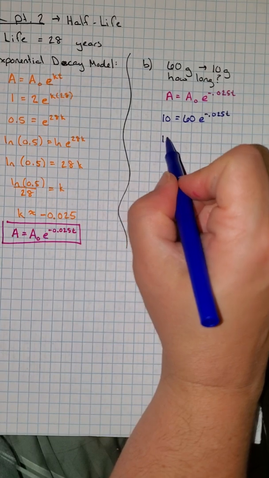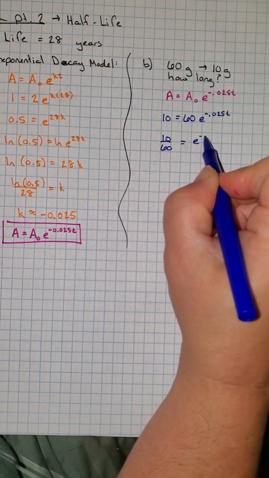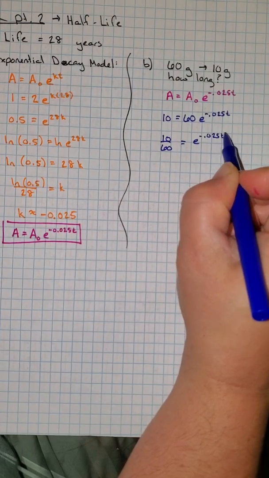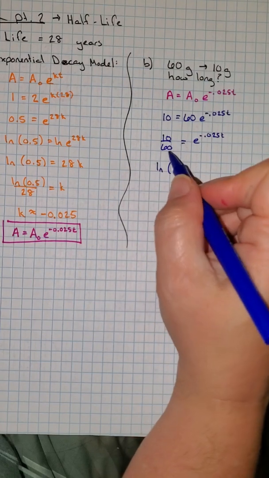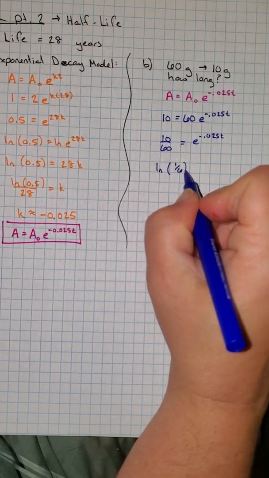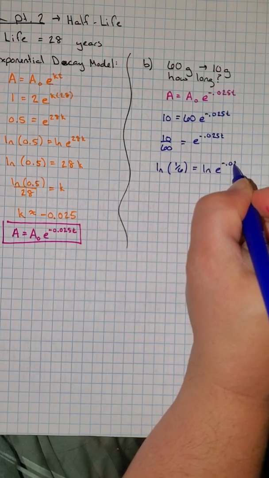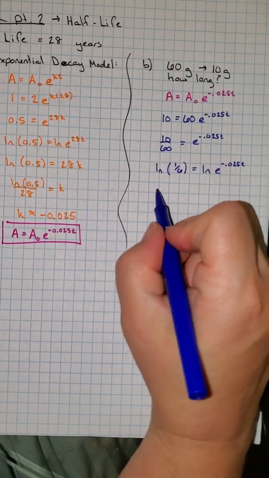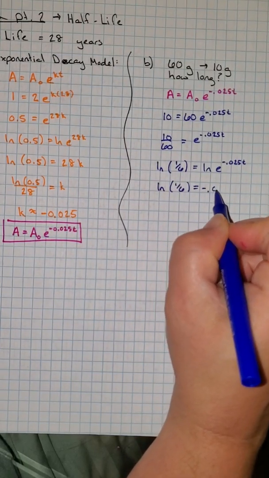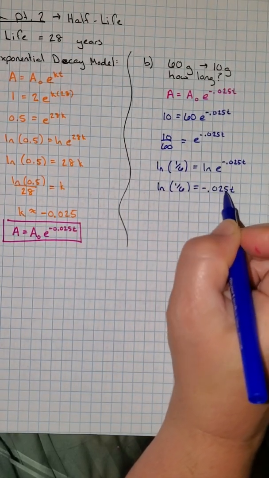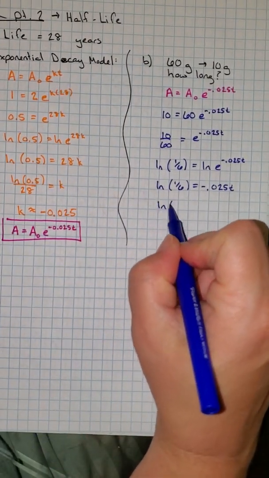So to solve it, divide by 60 first, which is 1/6. We're going to take the natural log of, you can call it 1/6, you don't have to call it 10 over 60, and then the natural log of e to the negative 0.025t. So natural log of 1/6 equals negative 0.025t, because the natural log of e is 1. And then divide by that.